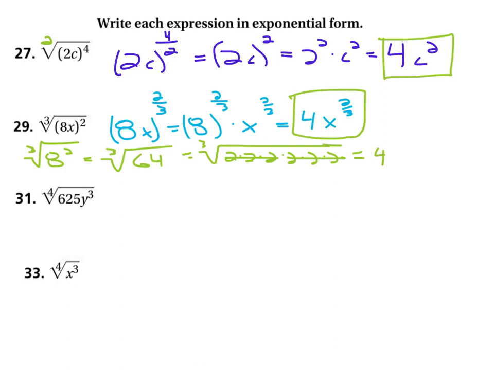Okay. This one, we are taking 625. Notice that 625 does not have the exponent of 3 on it, because this doesn't have parentheses around it, so it's not also getting raised to the third power.